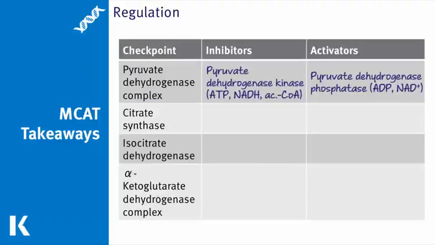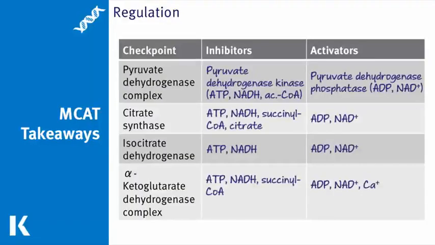This is generally inhibited by energy and activated by a lack of energy. As for regulation within the cycle, we want to know the 3 checkpoints: citrate synthase, isocitrate dehydrogenase, and alpha-ketoglutarate dehydrogenase complex. Each of these is inhibited by ATP and NADH and activated by ADP and NAD+.